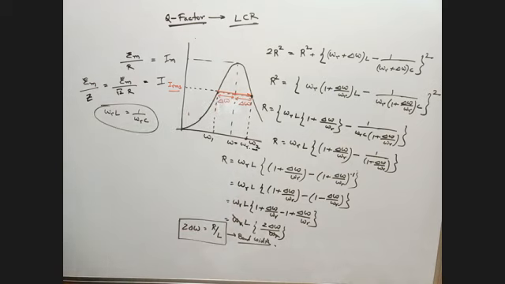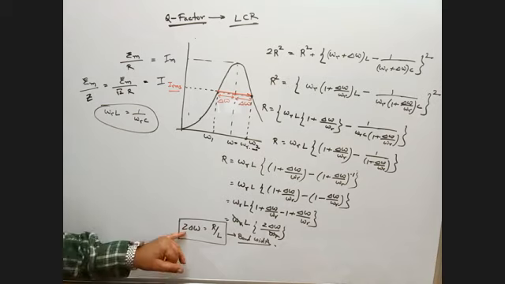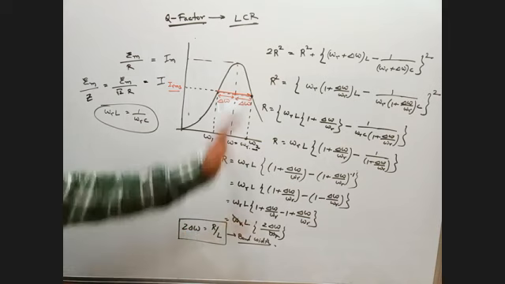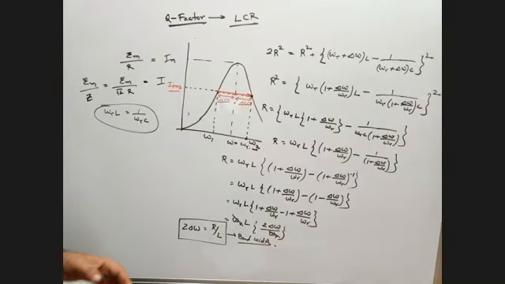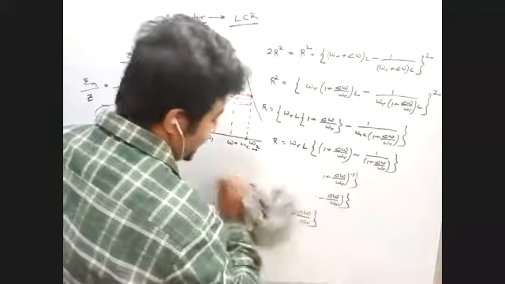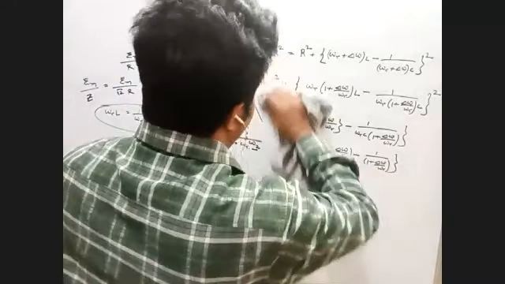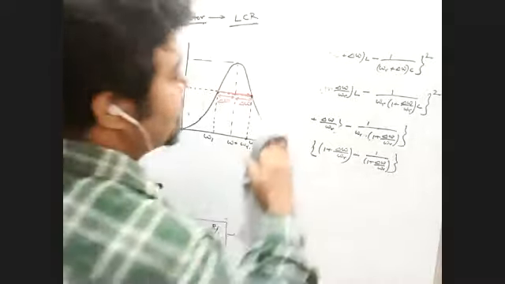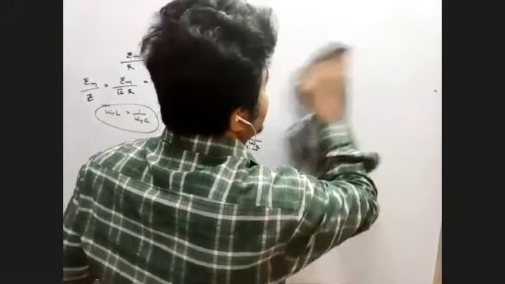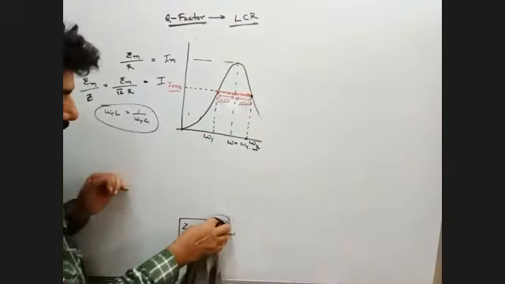That is why every time I show you this one, because it is very interesting, and maybe sometime they can ask you, and maybe you have some question why 2 del omega is R by L. So this is the reason why bandwidth is R by L. This bandwidth is very, very important, and for your exam, where you have multiple choice questions in this type of situation, this one is very, very important.